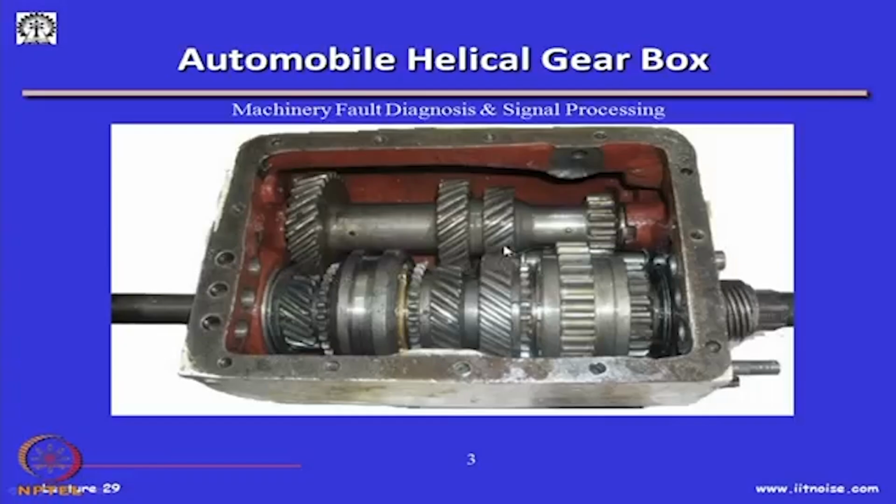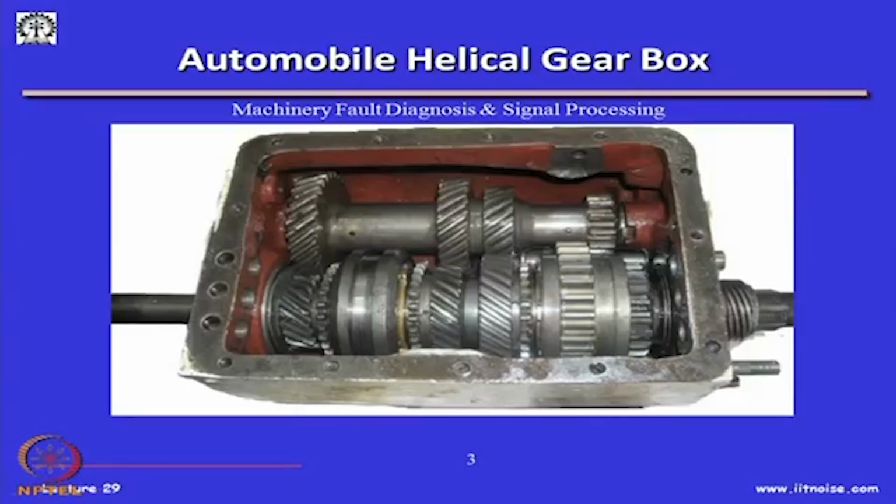And I will show you how this defect can be detected, because each of these gears, this tooth will deflect under load, they will get heated up because of the friction. So, these gearboxes always have in the casing some sort of gear transmission oil, basically used for lubrication and to carry over the heat.